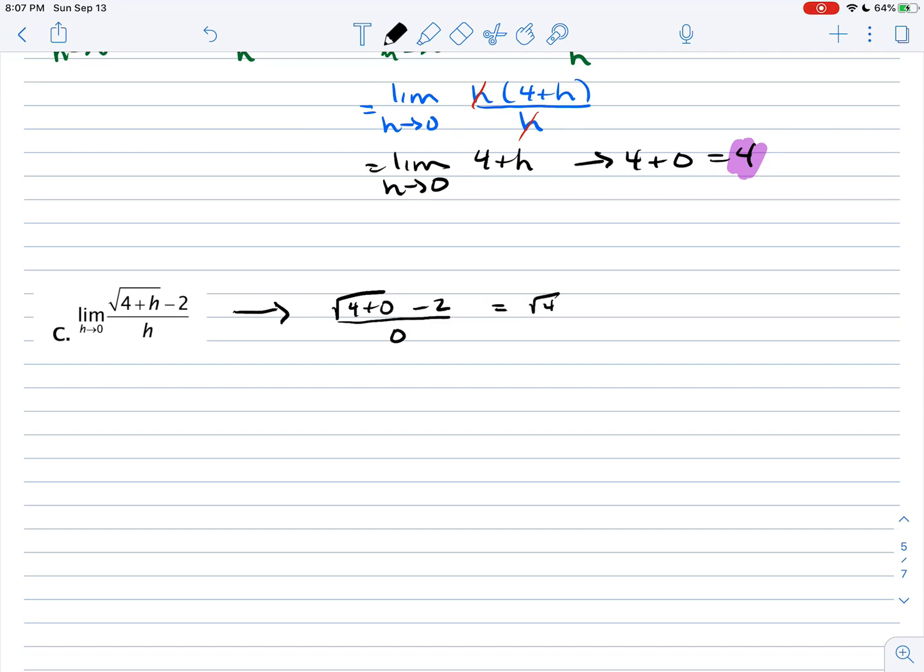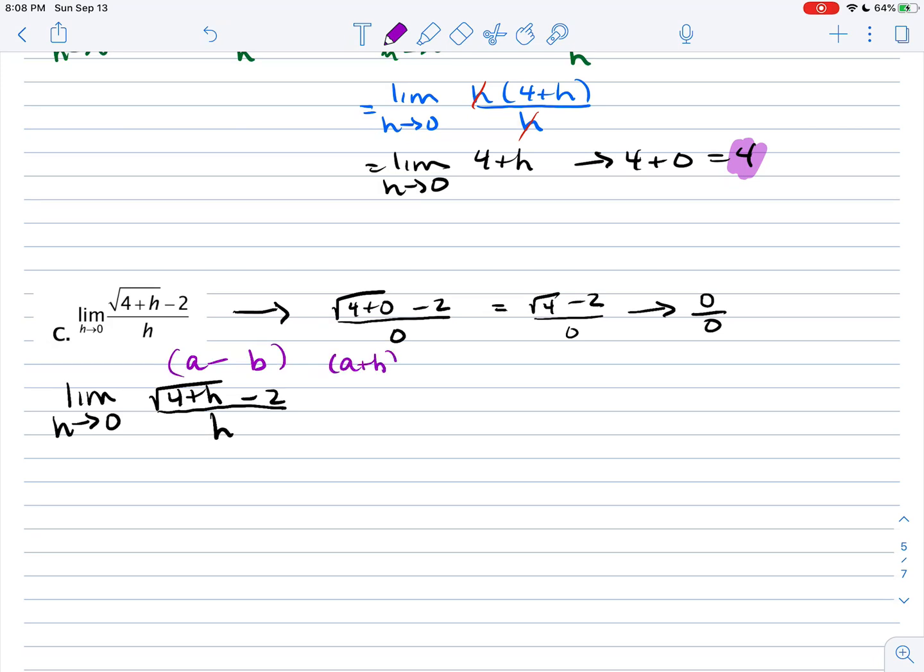And this would be the square root of 4 minus 2 over 0, which is 0 over 0. So I'm going to want to algebraically manipulate my expression, and I'm going to use the idea of difference of squares. We know that if we have a minus b, and if I were to multiply by a plus b, I would end up with a squared minus b squared. And you'll quickly see the motivation for that in a second.